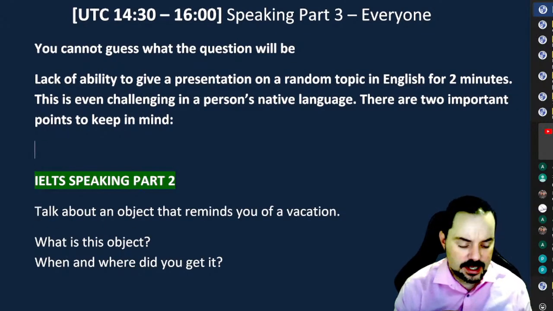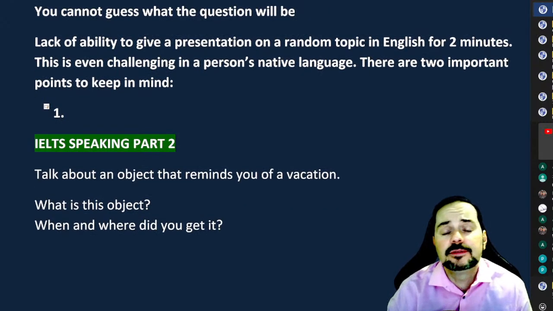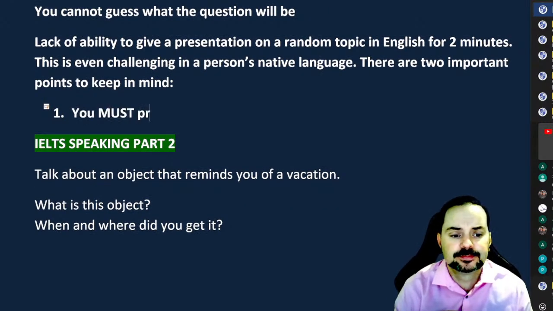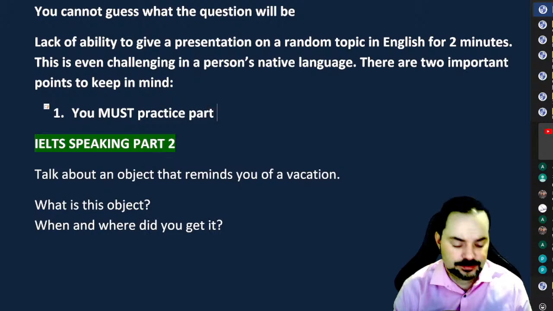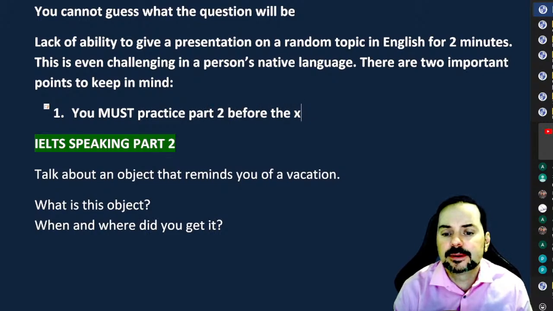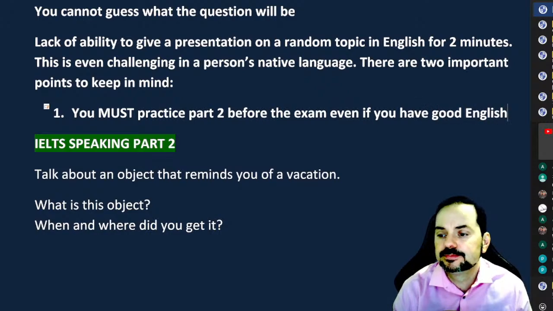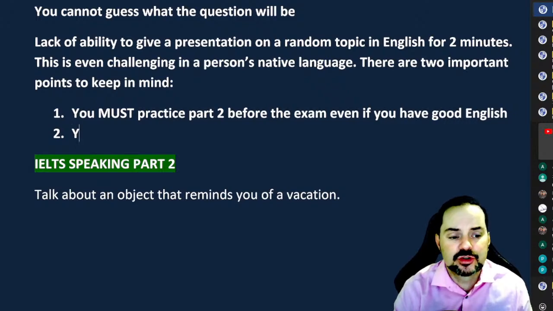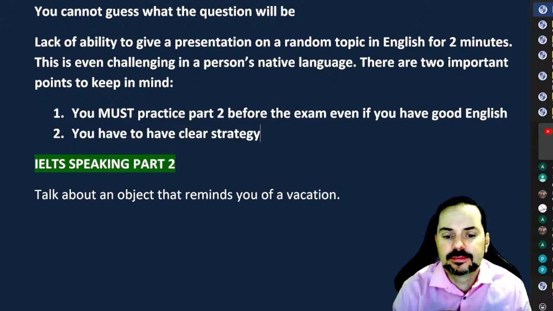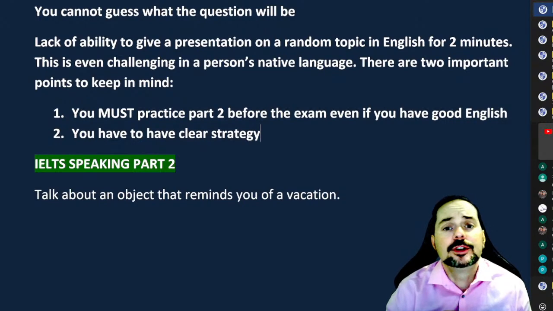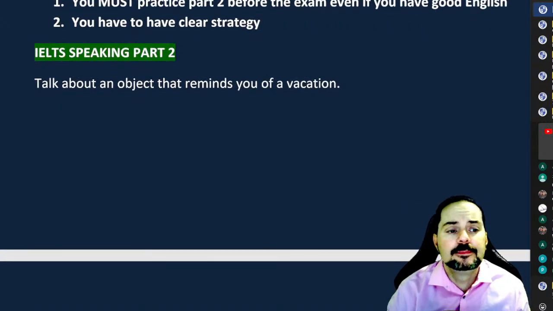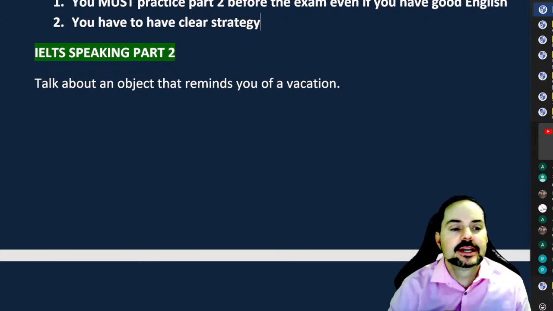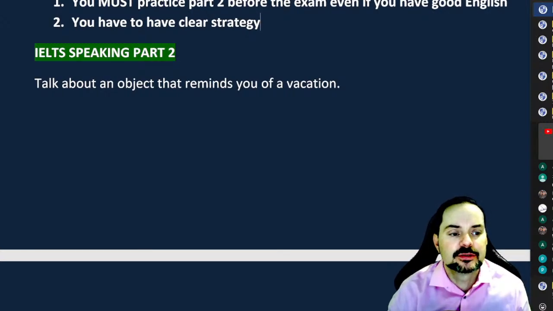Number 1 is you have to practice part 2 before the exam, even if you have good English, okay? And number 2, you have to have a clear strategy, okay? And we're going to practice that today. So you're doing both. You're practicing and you are applying strategy, okay?